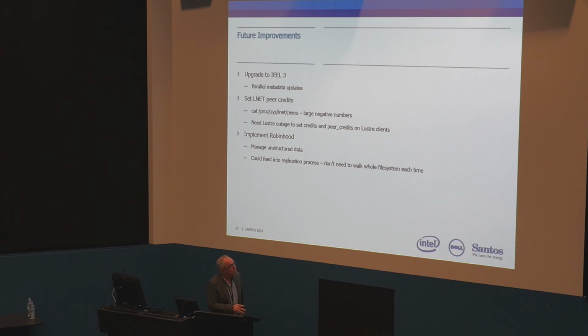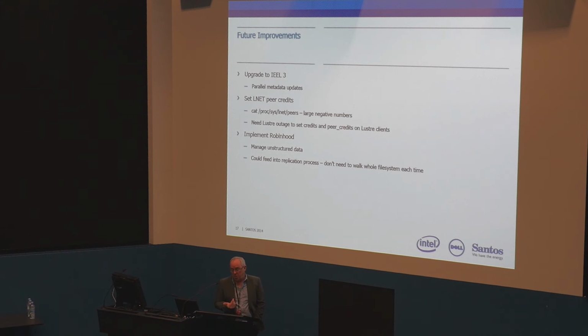So the plans for the future are an upgrade to EL3 at some stage, with possibly a move to a DNE environment to give that metadata performance a bit of a boost. There was some discussion around changing the LNet peer credits to reduce the load and increase the performance on the replication issues that they were seeing.